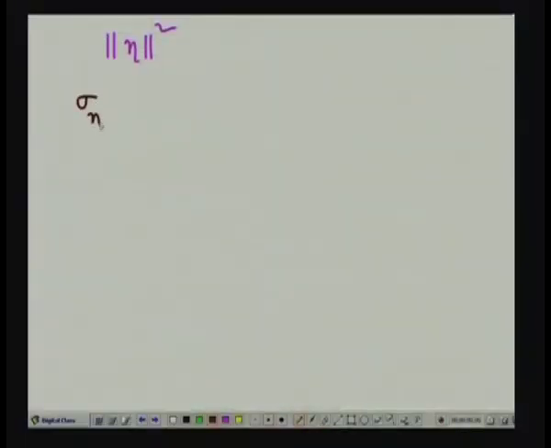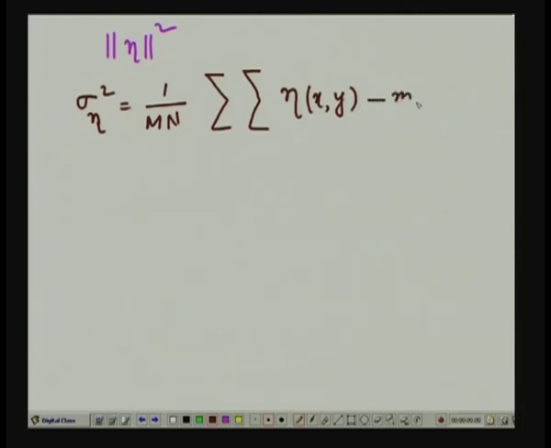In this way, we have the noise variance, given by sigma eta square, which is nothing but 1 upon capital M into capital N, into the double summation of eta x y minus m eta, which is the mean of the noise, squared, where y varies from 0 to capital N minus 1 and x varies from 0 to capital M minus 1.